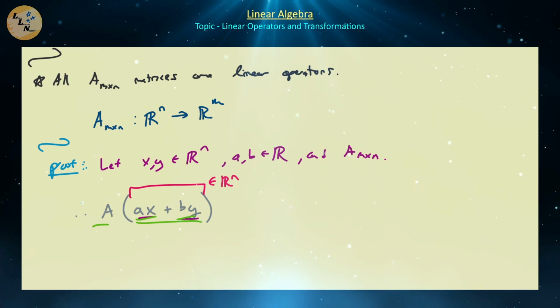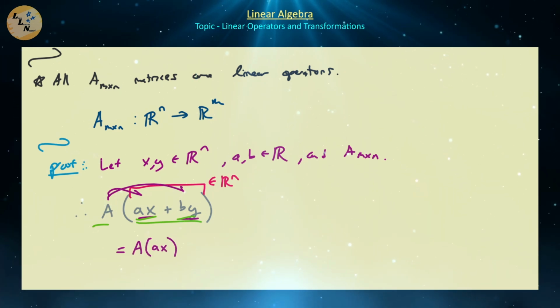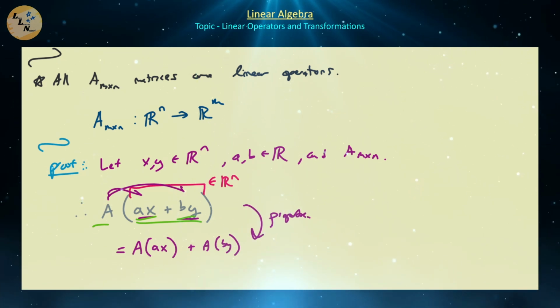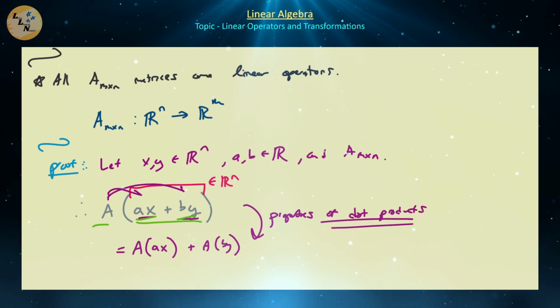So if we look at this a little bit more detailed, we should know that this can be decomposed by distributing those over those things by properties of dot products. So we see that that's just going to be equal to AAX plus ABY, right? And again, that's by properties of dot products, because matrix multiplication is just dot products in disguise, right?